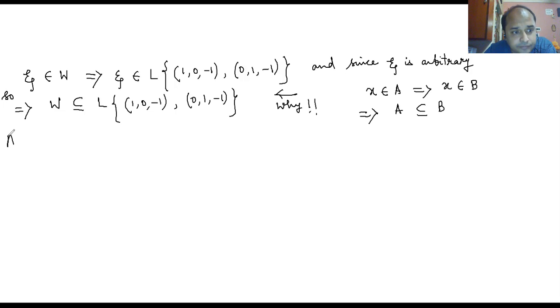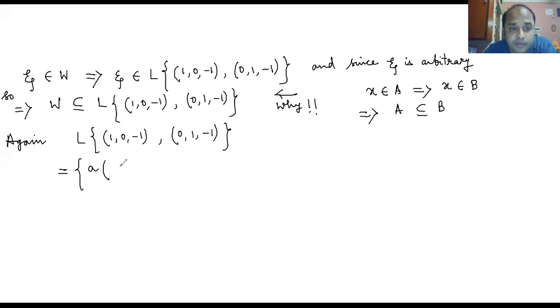Again, the linear span of the set (1, 0, minus 1), (0, 1, minus 1) is all possible linear combinations of the vectors given over here.